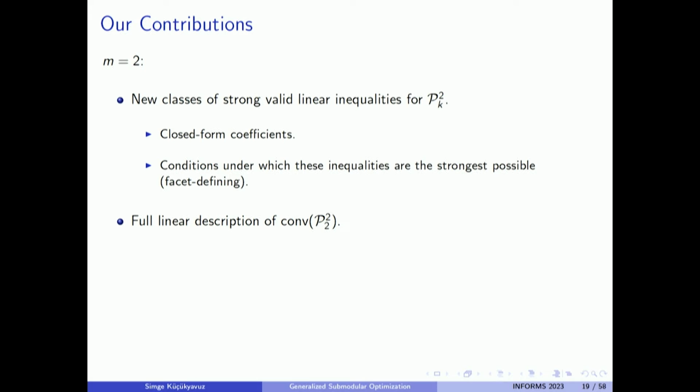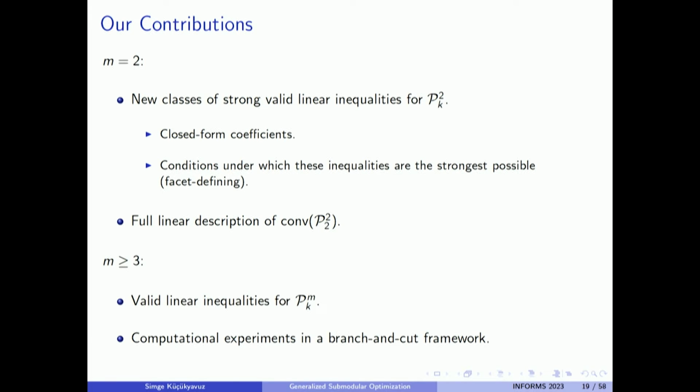It's in closed form, so not an algorithm, but a closed form way of expressing the coefficients, just like we did with extended polymatroid inequalities. And we can tell when these are the strongest possible, which is called facet defining in mixed integer programming. And if k is also 2, so P_2^2, they are enough to give the convex hull with some easy separation algorithms as well.